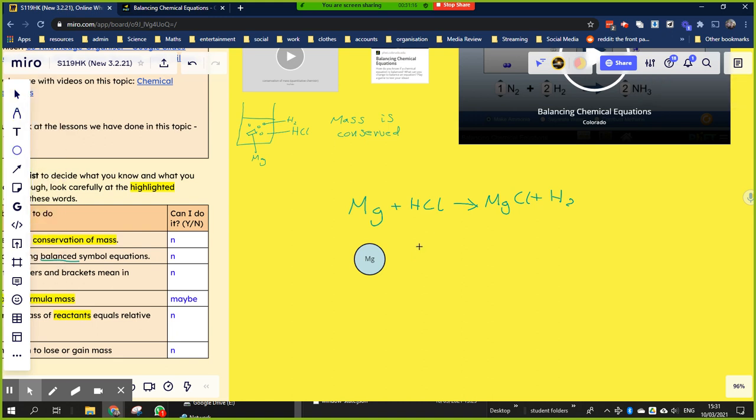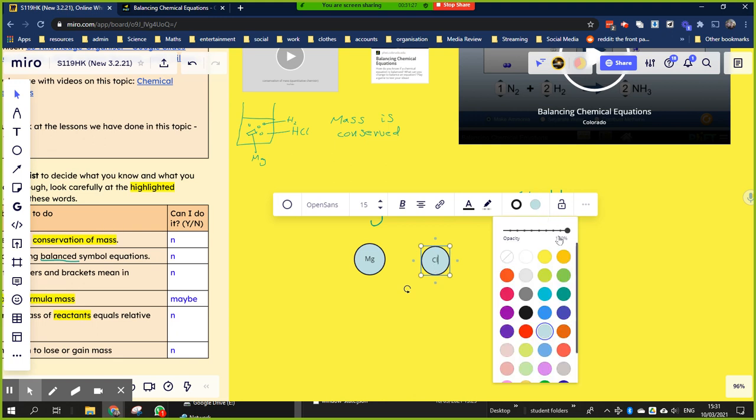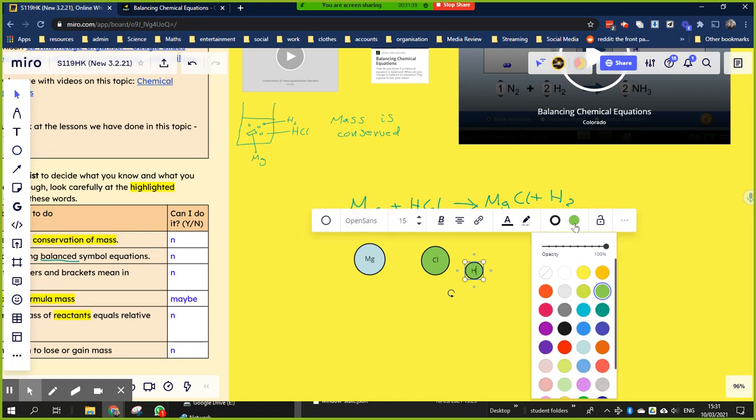Now I'm not breaking a rule at the moment actually, but I'm going to break a rule at some point. I'll explain in a moment. Let's make that Cl green, because hydrogens tend to be quite small, and we're going to make this one hydrogen, and make it white.